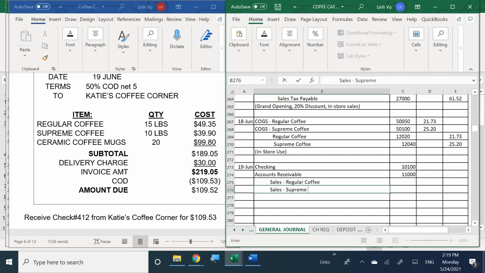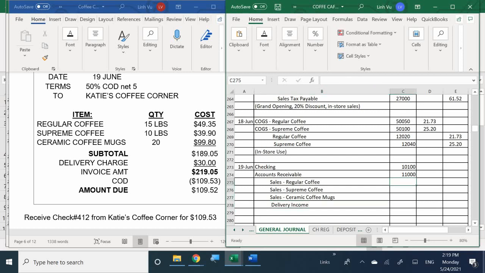And then sales, ceramic coffee mugs, because we also sold some coffee mugs. And last but not least, delivery income. Yes, we also charge them for delivery income. Good.